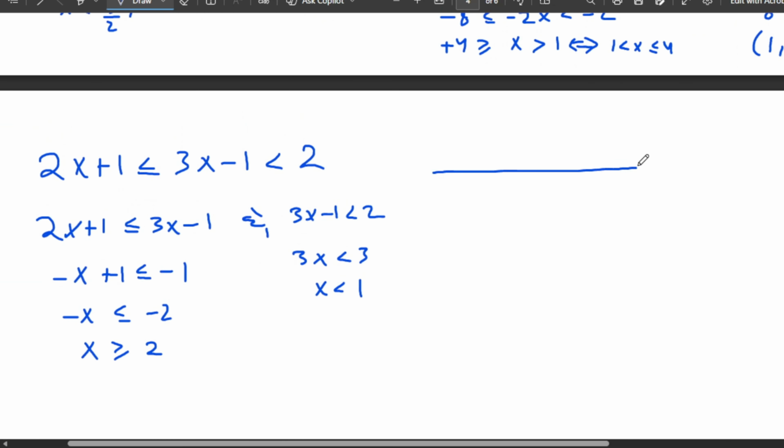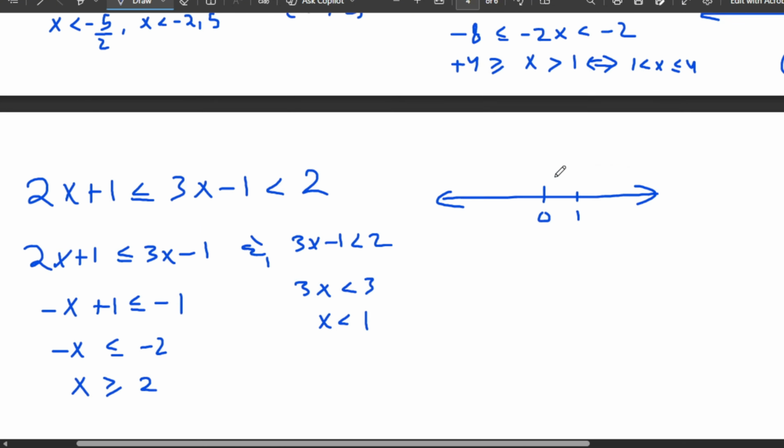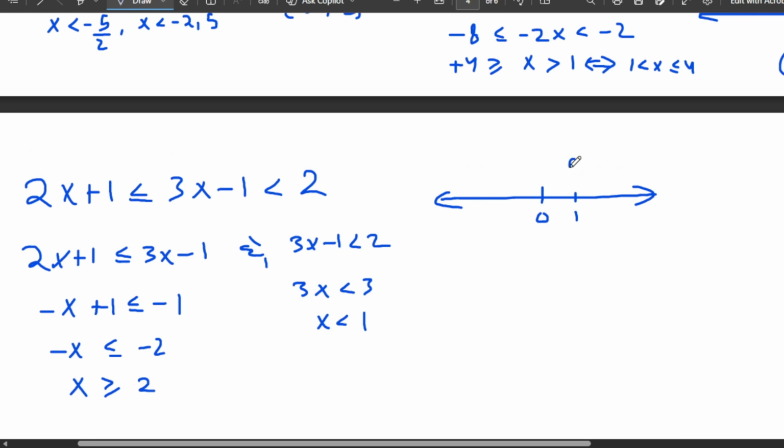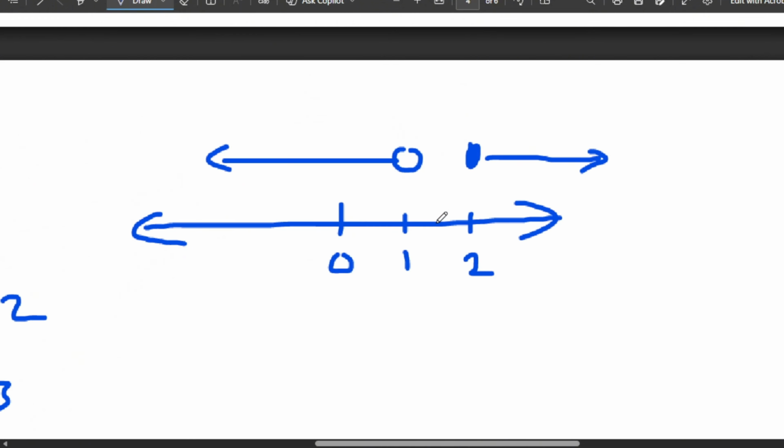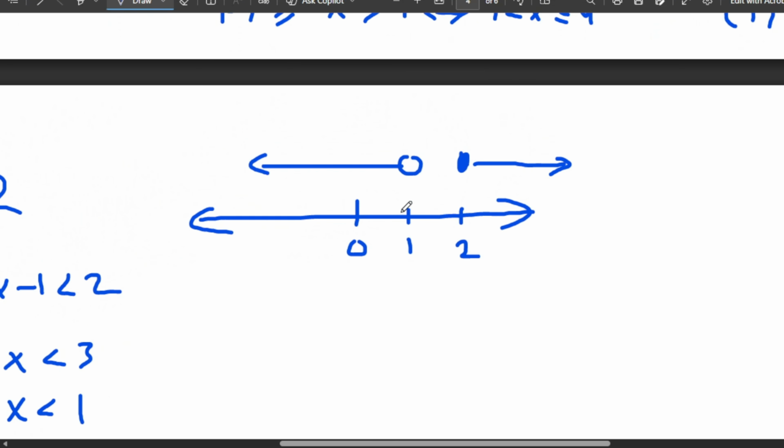So if we plot it on the number line, x must be less than 1, but x must be greater than or equal to 2. If it's less than 1, it will be here. If it's greater than or equal to 2, it will be here. Oh look, there's a split here.